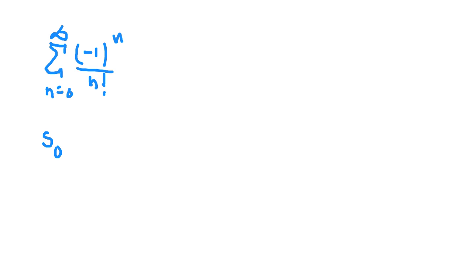For this example 4, here's the series: the sum from n equals 0 to infinity of -1 to the nth power over n factorial. The first partial sum, they call it S sub 0, because you're just looking at the first term when n is 0.